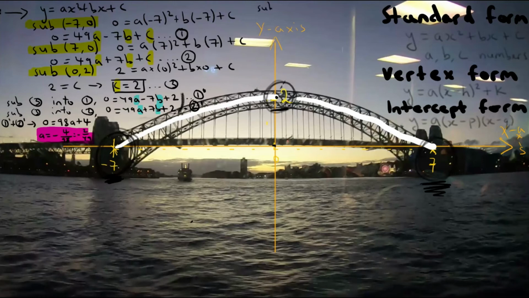So if you sub a into 1 prime, what we get is 49 times minus 2 over 49, I'm running out of space, minus 7b plus 2 equals 0.